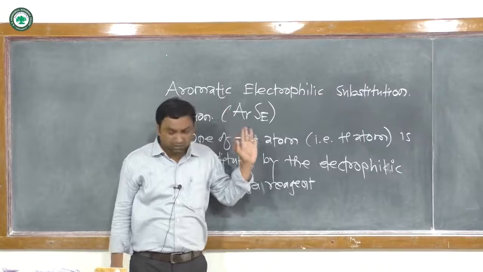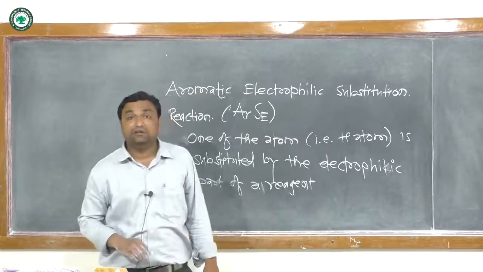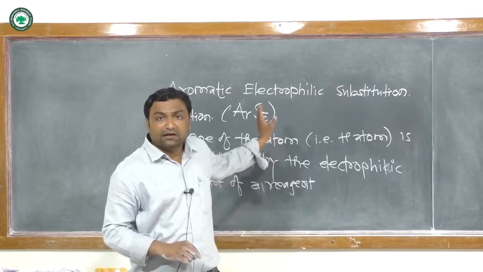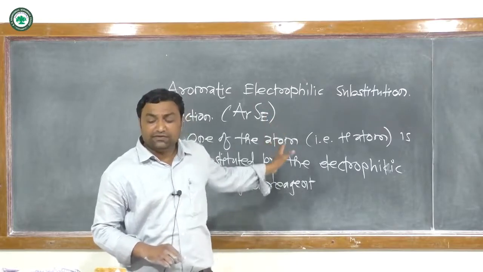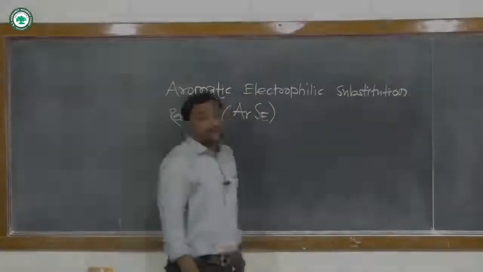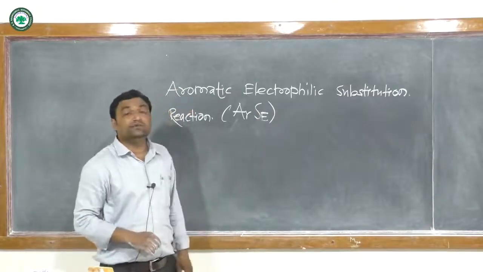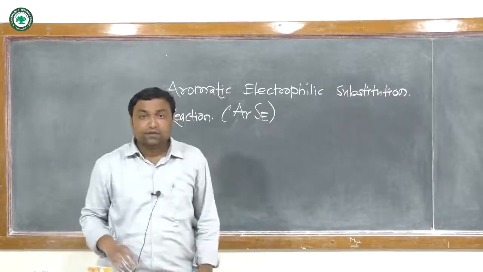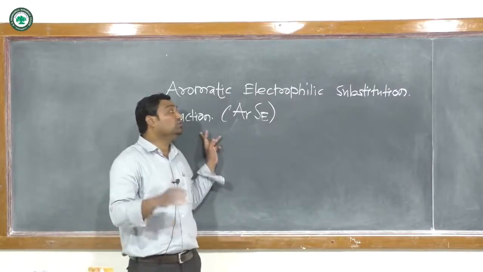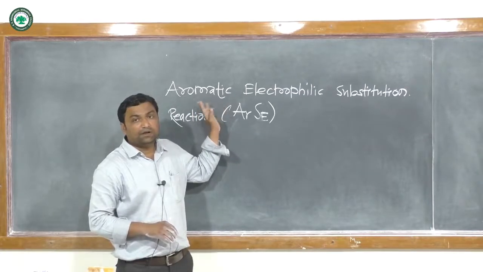Now, like our aliphatic nucleophilic substitution reaction and aliphatic electrophilic substitution reaction, in this reaction also there is no change in the hybridization of the carbon atom. To understand what is meant by aromatic electrophilic substitution reaction, we have to draw the reaction of this particular type.